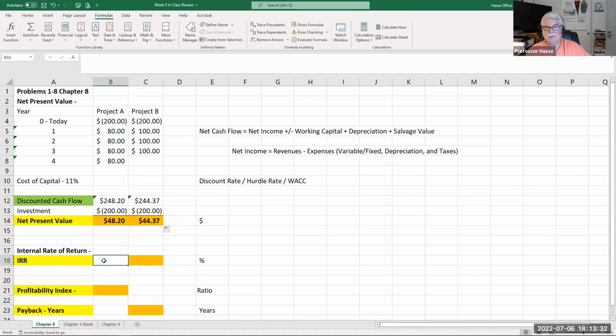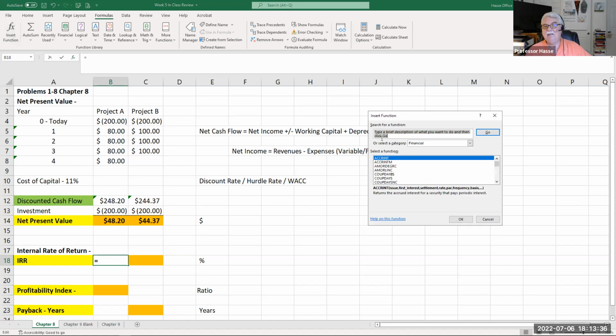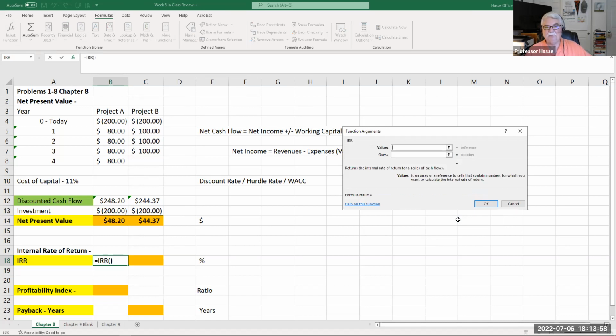Let's see what it is for Project A. Formula, function, financial, and now we have an IRR function. It's called IRR, which will automatically determine the return in a percent. Internal rate of return, IRR. So I bring up that function and it's very simple. I don't have to put in any interest rates, nothing. I just put in the values.